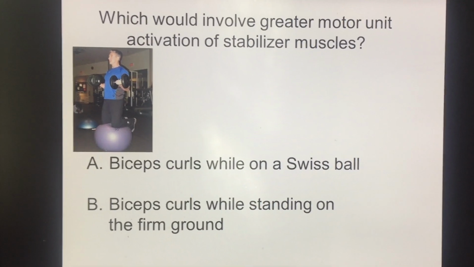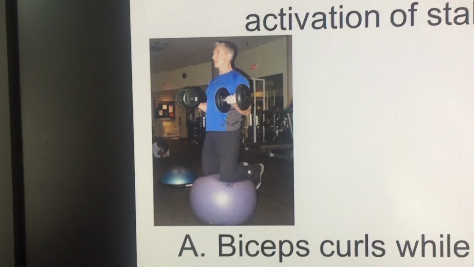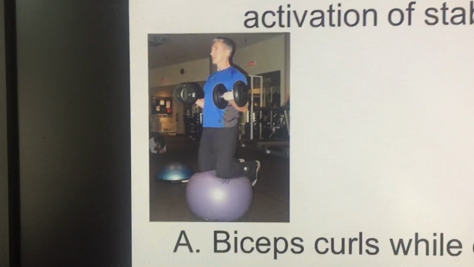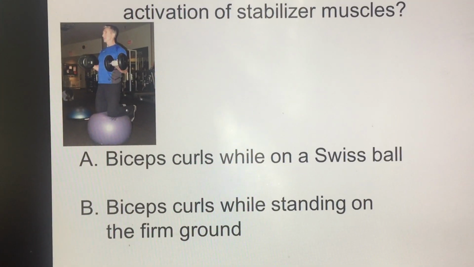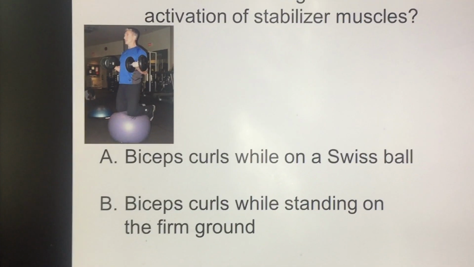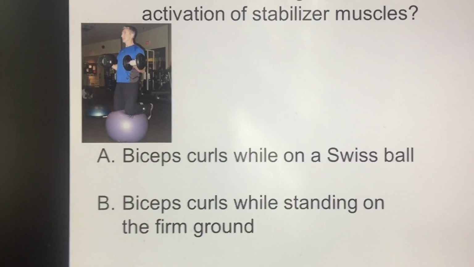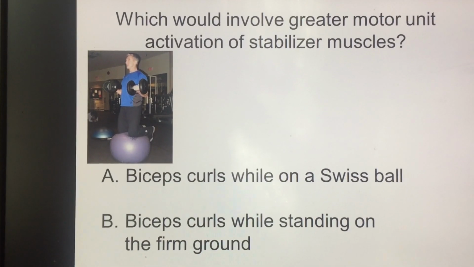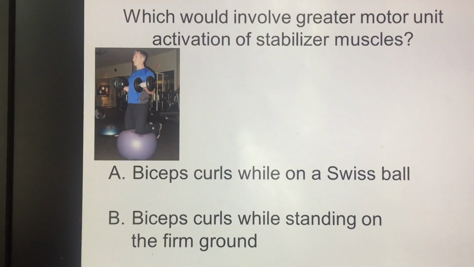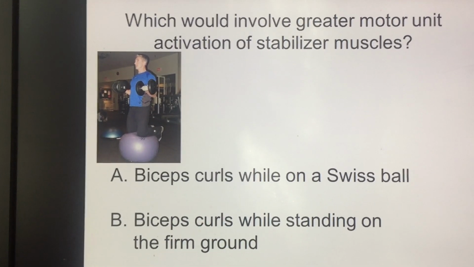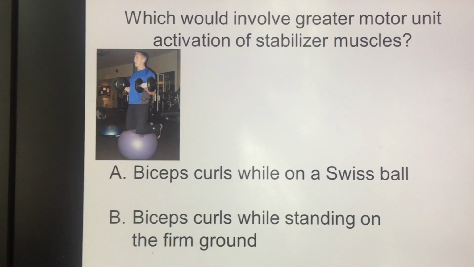You can see the person doing biceps training on a Swiss ball. Would it be biceps training on a Swiss ball or biceps curls while standing on the firm ground? You can probably guess that biceps training on the Swiss ball would involve greater activation of stabilizer muscles.